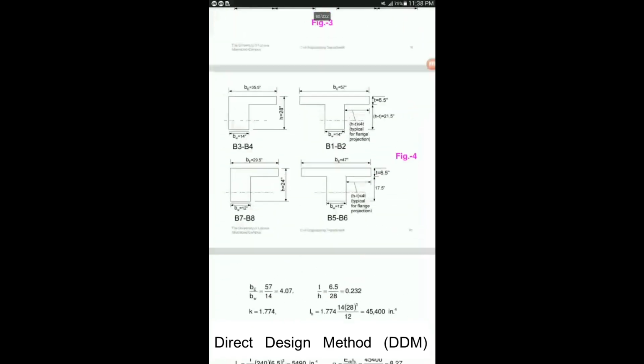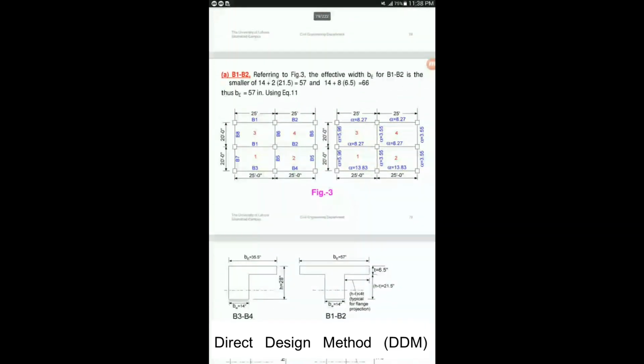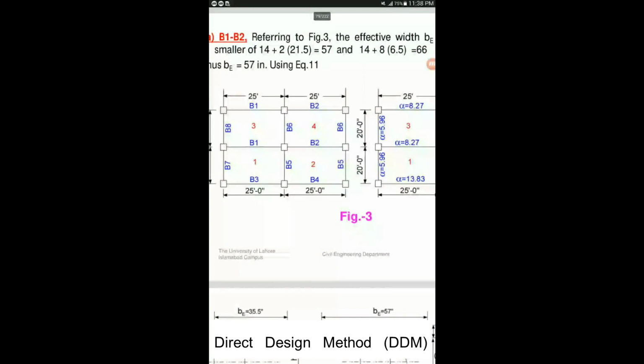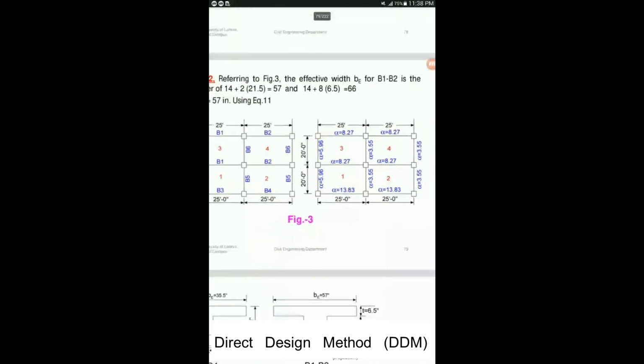So you're just going to put here the moment of inertia for the beam, the modified one, which we have calculated using the formula K into BH cubed by 12, and this is for the moment of inertia of slab coming from here. So the value of alpha is 8.27. In the figure, you're going to see in front of B1 and B2 the value is written as 8.27.